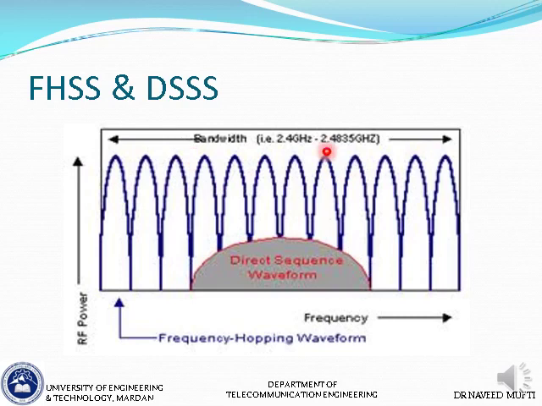So here in this example, the band of 2.4 to 2.4835 gigahertz is taken, which is the 2 gigahertz ISM band. The same band is used by the Wi-Fi or the wireless LAN. So the frequency hopping waveform, it hops randomly between these different carriers, as we have also discussed in the introduction to CDMA, and they normally operate at a higher RF power as compared to the direct sequence.